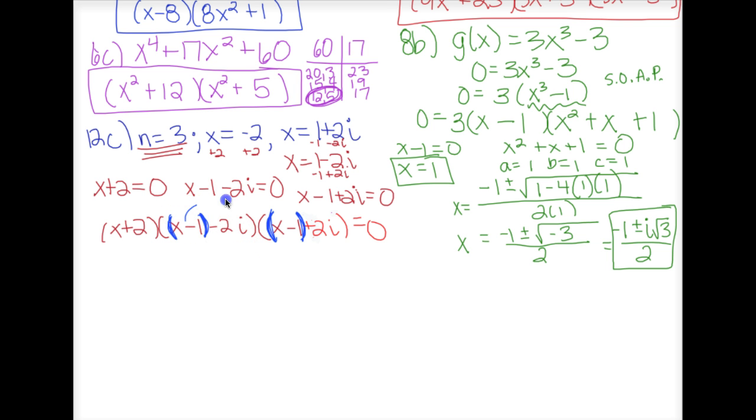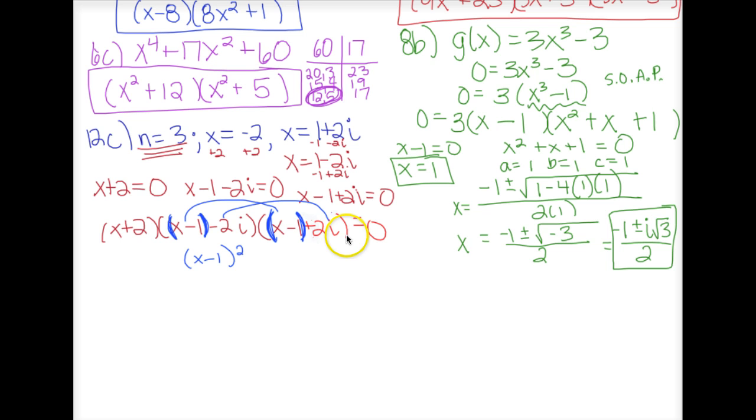So firsts would be x minus 1 times x minus 1, which is x minus 1 squared. Outsides are going to give me plus 2i times x minus 1, but the insides are going to give me minus 2i times x minus 1. Those are going to cancel each other out. So the only thing left are my lasts.